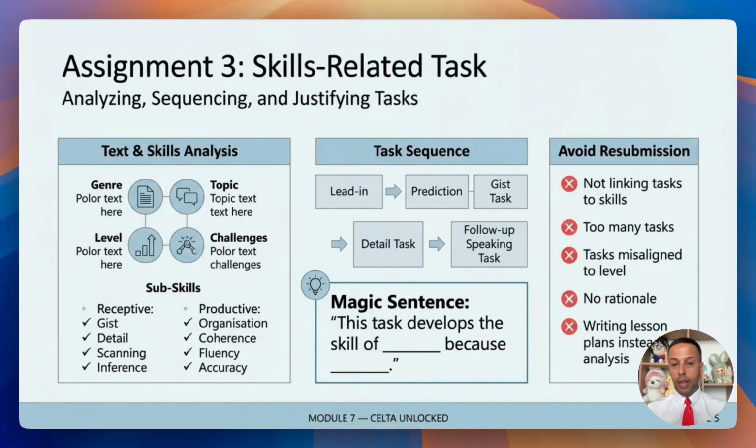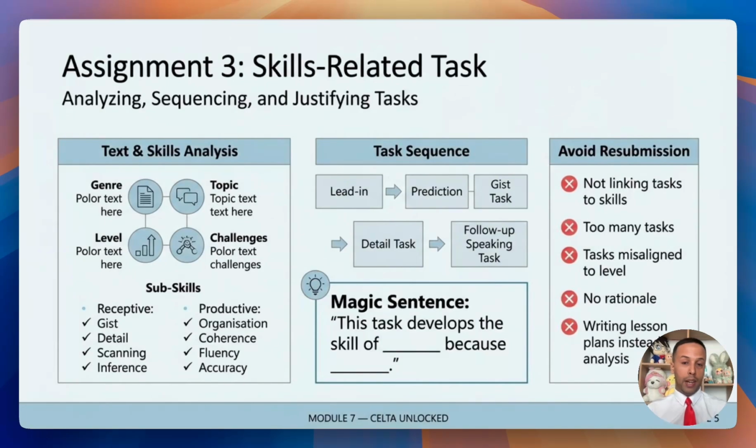How will students respond or extend from the text? Good. So here is the key: every task needs a rationale. You don't just guess. You start thinking, you start giving evidence. And this is what we call the rationale. The magic sentence here is: this task develops the subscale of... because of... Be specific, because blah blah blah.